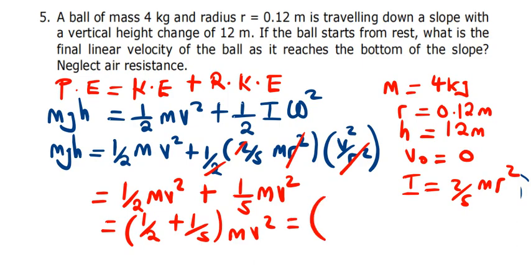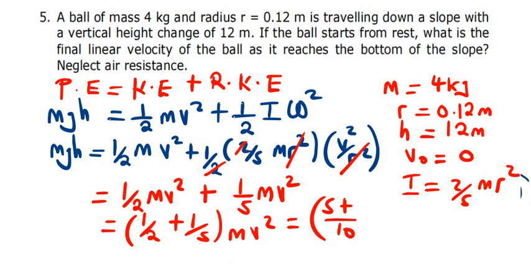Now if I solve what is in the bracket, the common denominator will be 10, right? 2 into 10 is 5, 5 multiplied by 1 is 5.